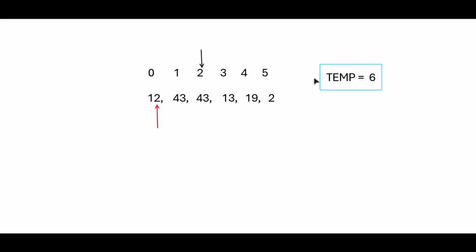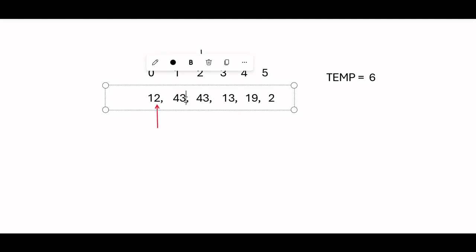Now again temp and the jth element are compared. Temp is lesser, so what is in the jth position will overwrite what is in the j plus 1th position. So if this is j, this element is j plus 1. So the jth element will overwrite what is in the j plus 1th position.